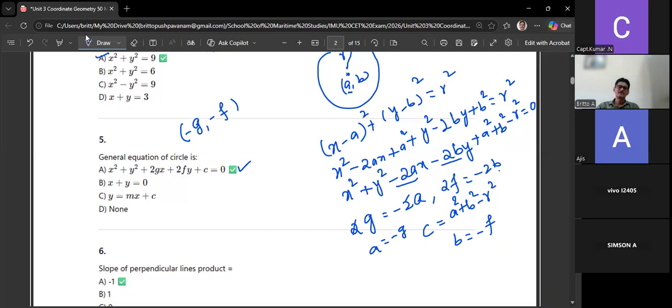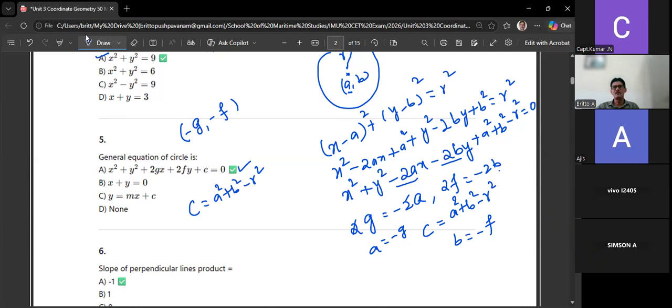So for the equation x square plus y square plus 2gx plus 2fy plus c equals 0, the center is (minus g, minus f). And you can find the radius. Sometimes they may ask for the radius also. The radius can be found from this equation: c equals a square plus b square minus r square.